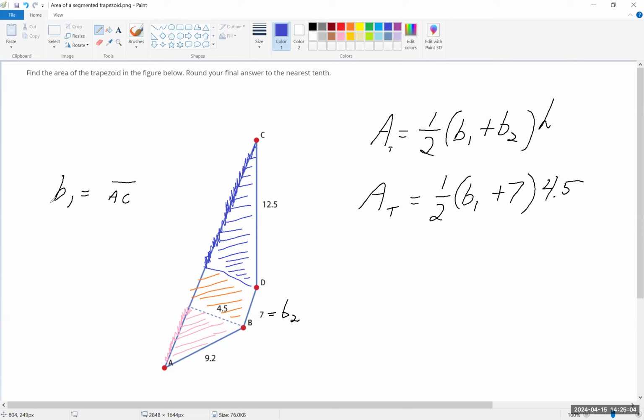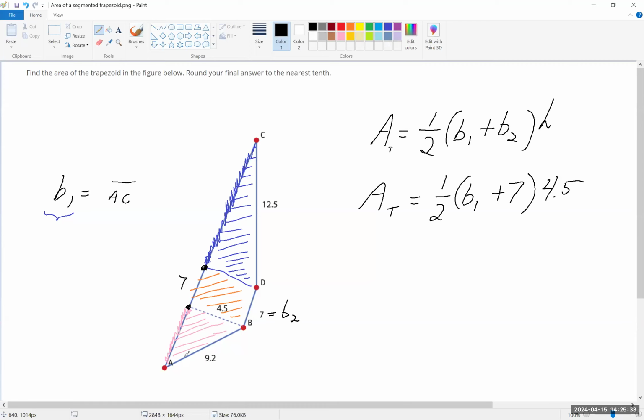We need those to figure out what base 1 is because we already know that this is 7 from here to here. And then we can decide, as I said, whether we want to get each piece alone and then add them up or use a formula. I'm going to show you how to do it both ways.